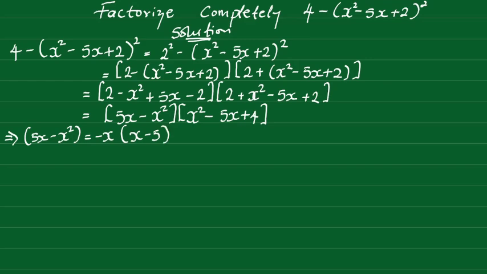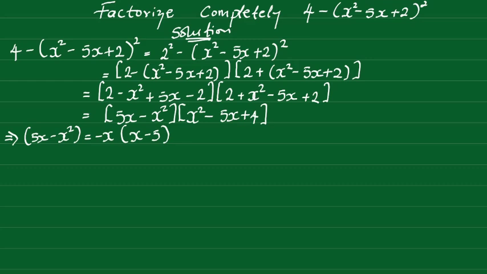Then from our second bracket, where we have the value of a equal to 1, the value of b equal to minus 5, and the value of c equal to 4, we look for the factors of c that when added give us b.